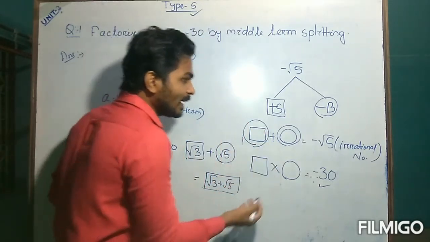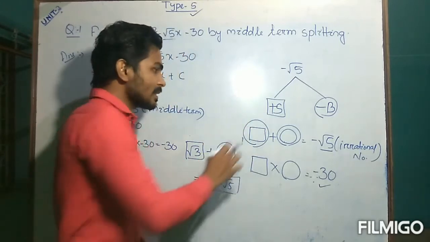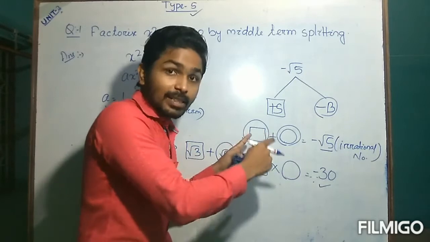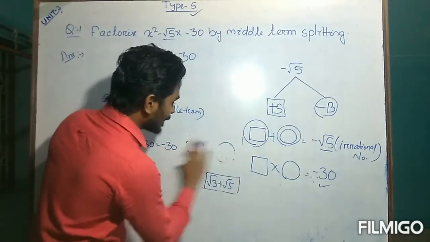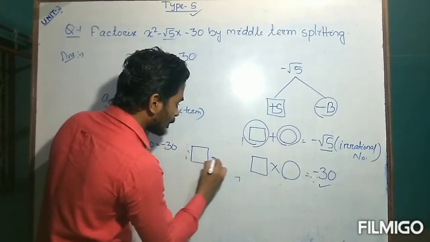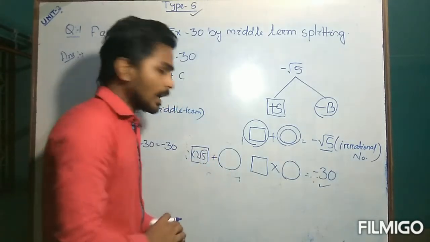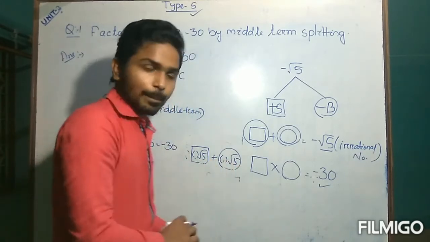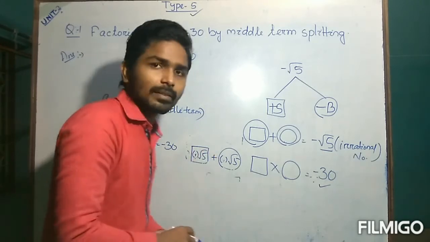But we need root 5, an irrational number. That means these two numbers must be irrational and must have the same square root. Out of these two numbers, one must be something root 5 and the other must be something root 5. We do not know this something yet. It might be 2, 3, 4, minus 2, minus 5, minus 7, whatever.